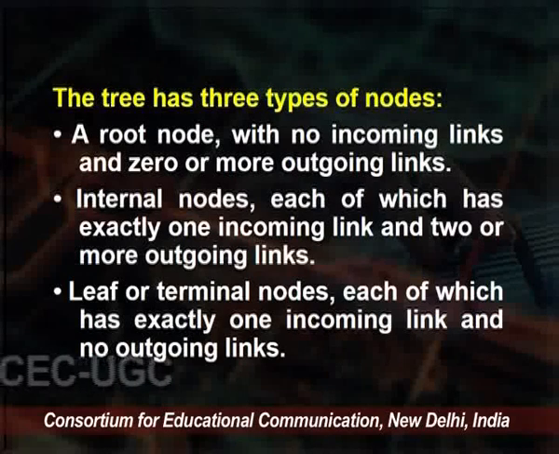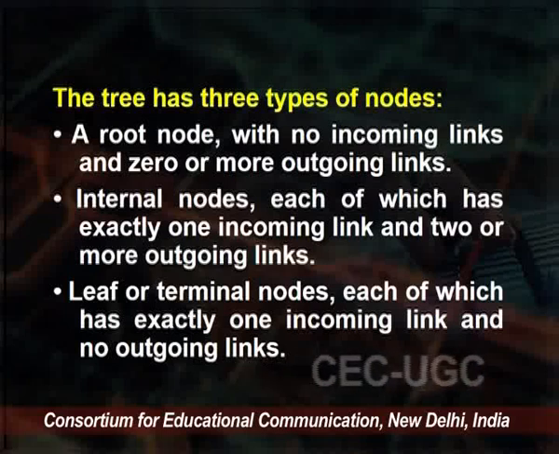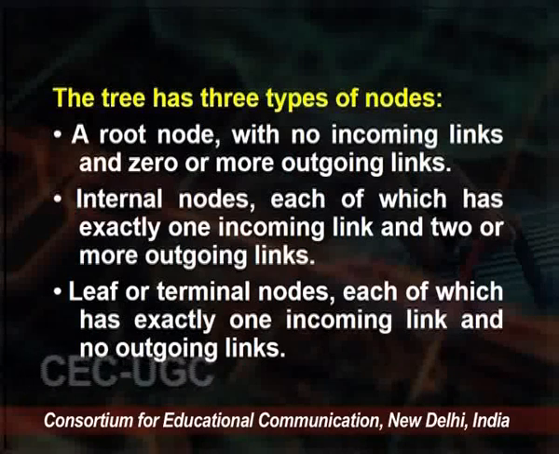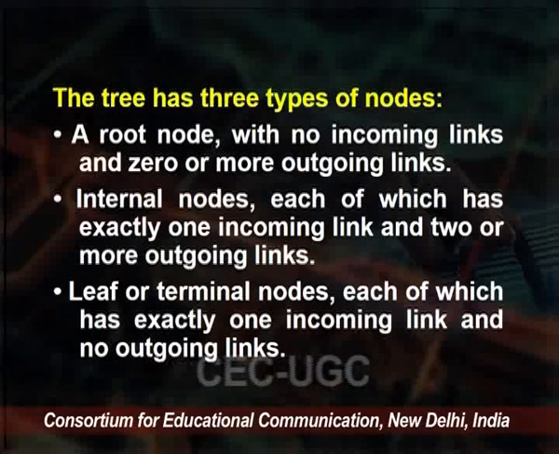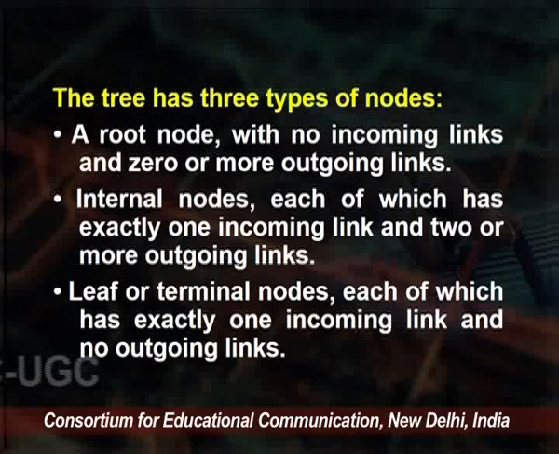So leaf node basically will have exactly one incoming link and no outgoing link. So leaf node basically is where the classification problem is solved, where you actually are able to identify the class or you are able to assign a class label to that particular instance, right.